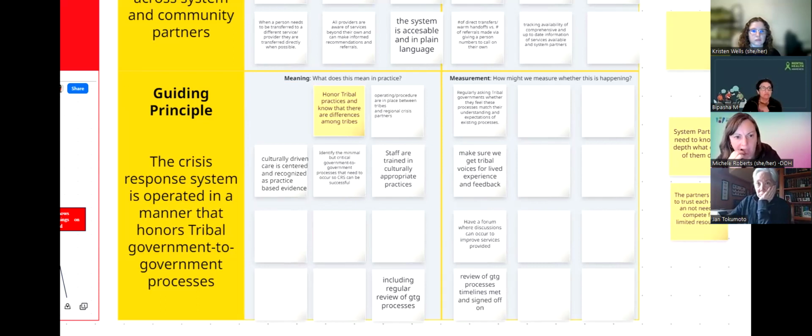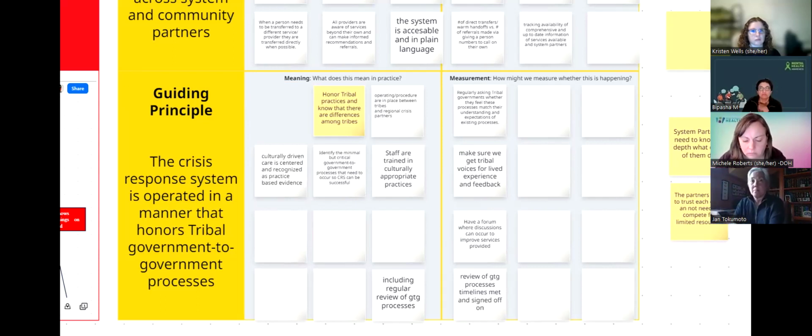Identify the minimal but critical government to government processes that need to occur so that CRS can be successful. Staff are trained in culturally appropriate practices, and CRS here, is this crisis response services?